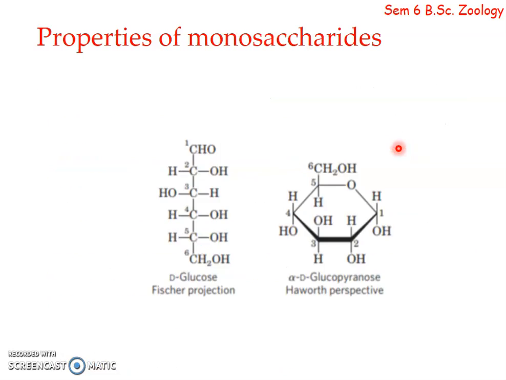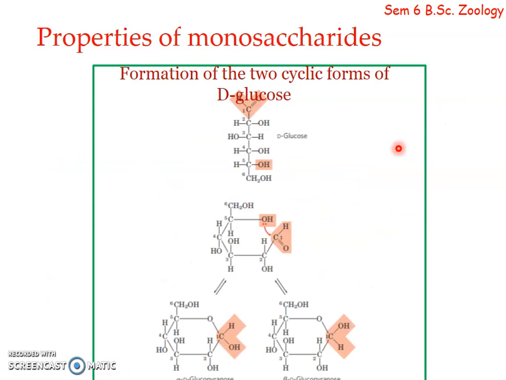Which is the hemiacetal or hemiketal carbon? This one. This is also known as the anomeric carbon, because the anomers arise from the arrangement of groups around this carbon. These are known as anomers or the anomeric isomers.